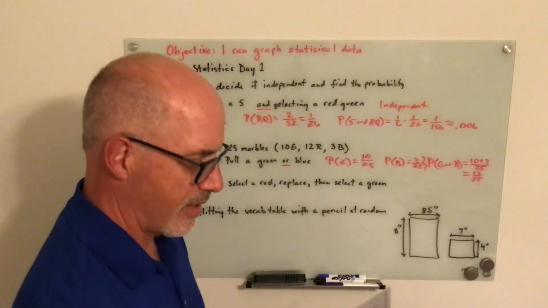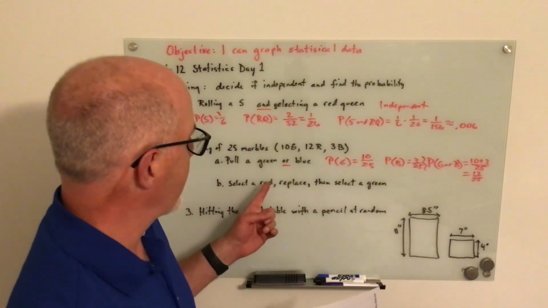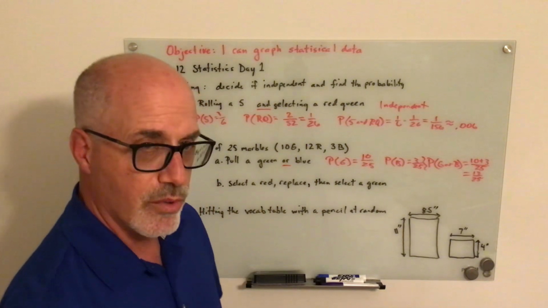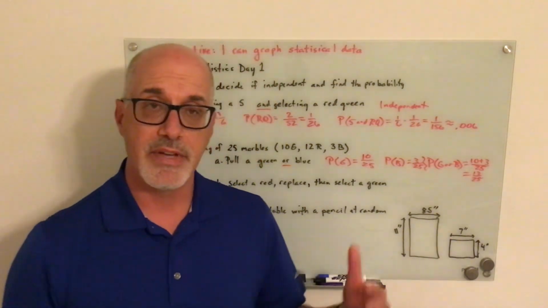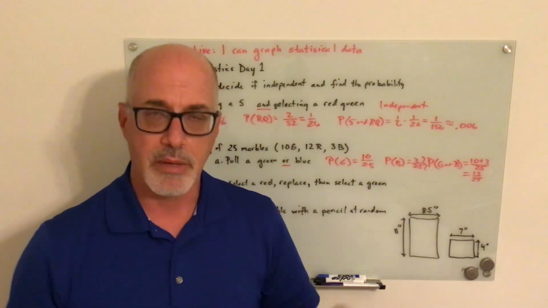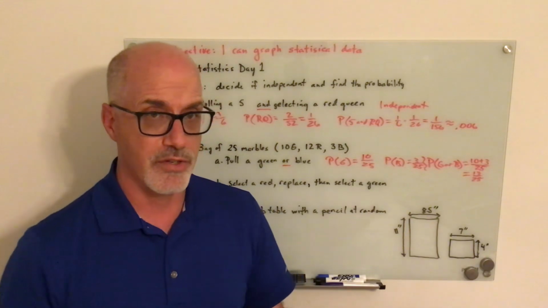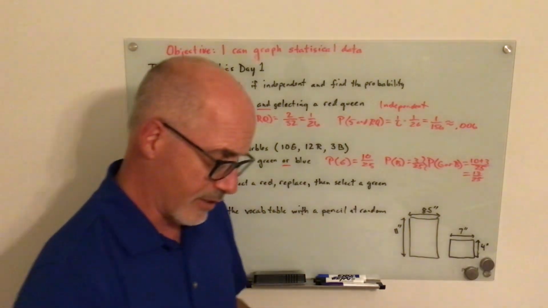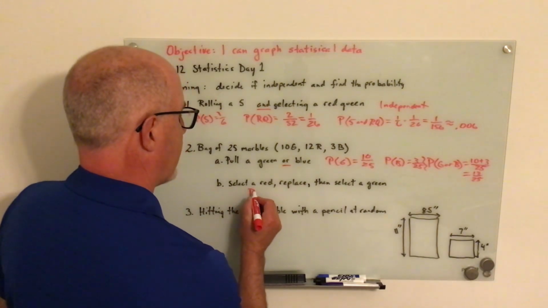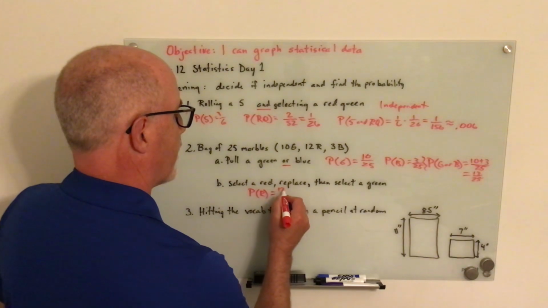Okay, now part B says, what is it if you select a red, replace it, and then select a green? Those two are independent events, because if you select one out of the bag, look at it, then put it back, the second selection doesn't depend on the first because you have all the choices back in there. So first of all, the probability of a red is 12 out of 25.